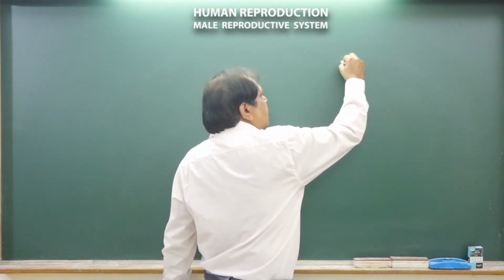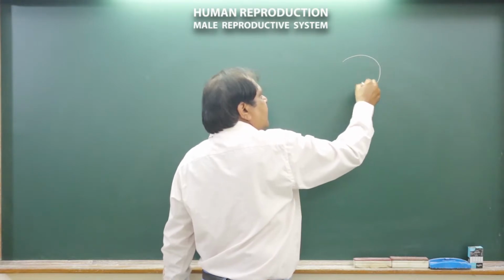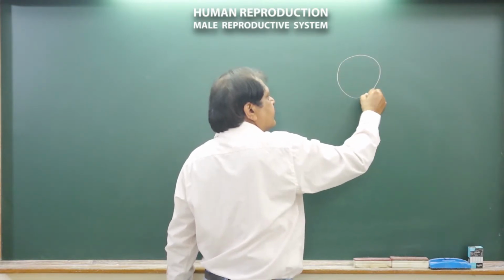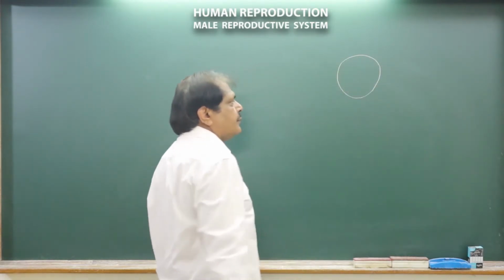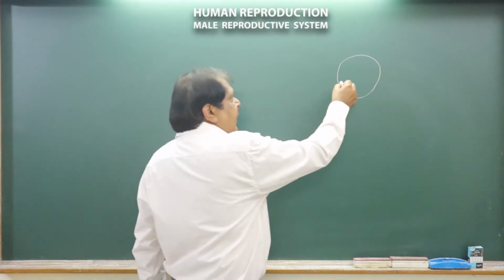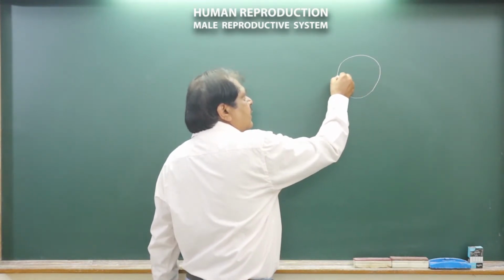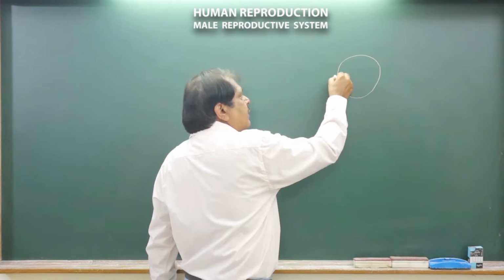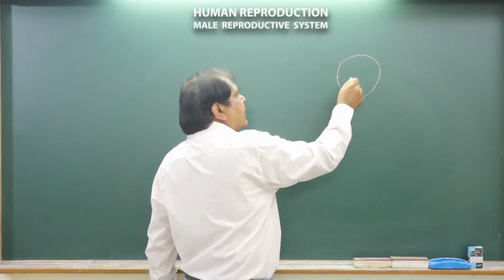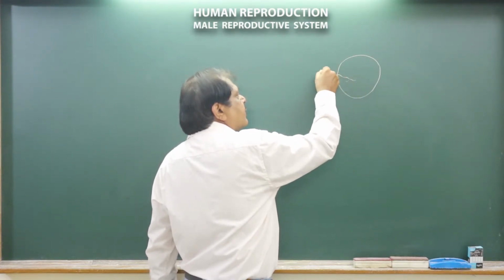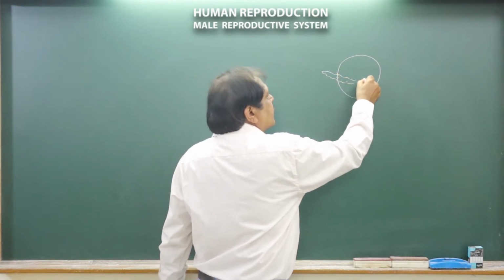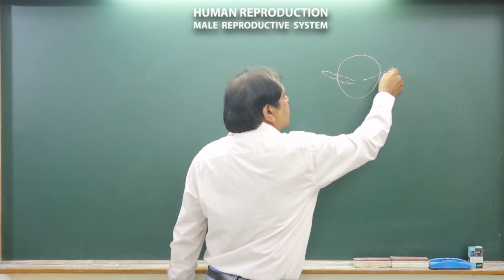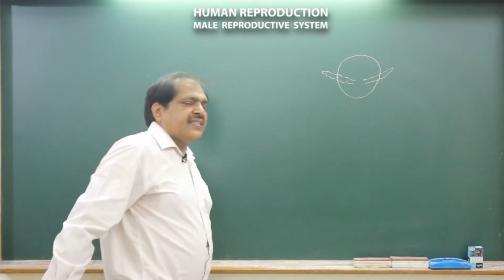We know this is the urinary bladder. And these are the, let us make it over here, seminal vesicles.